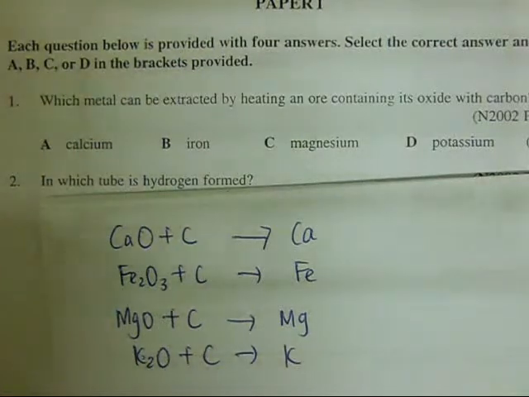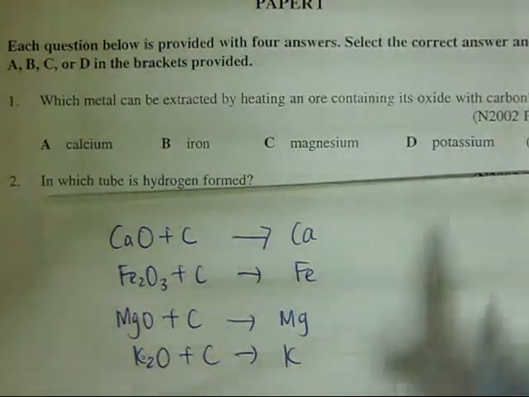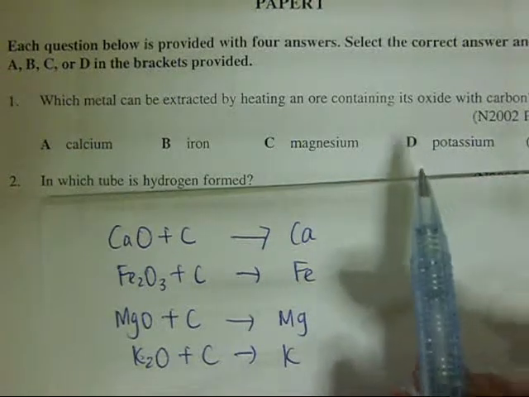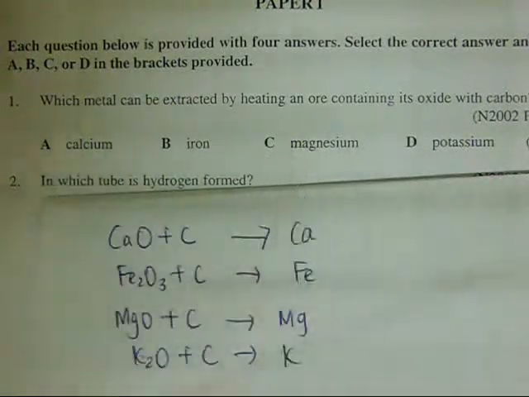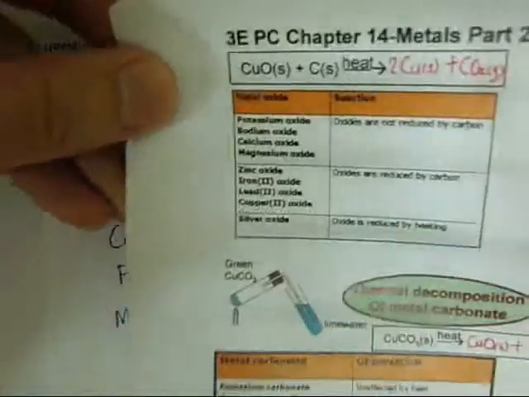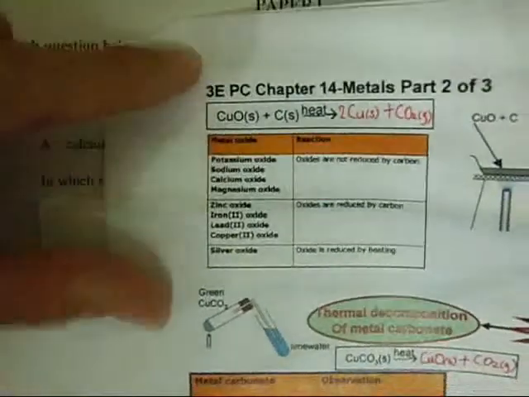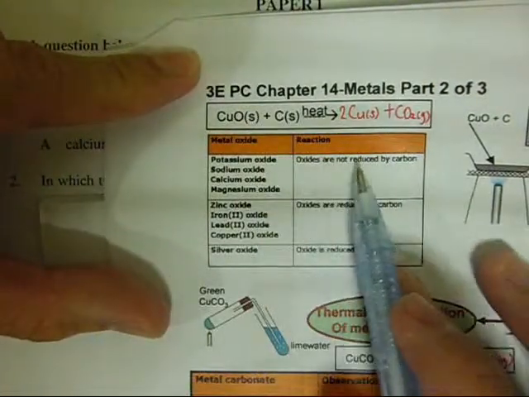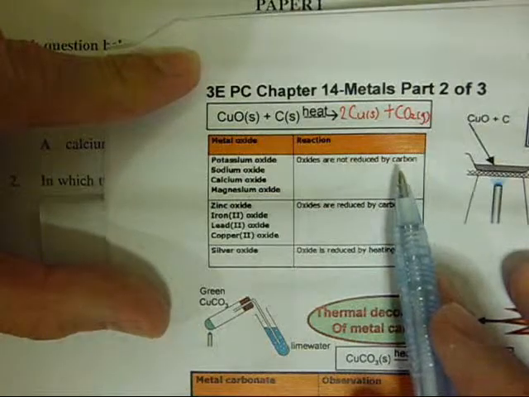Now, if you look at the reactivity series, potassium is the most reactive, followed by sodium and then calcium, magnesium. Now the top four metals, if you look at page 2 of the Mindmap, you can see that the top four metals' oxides are not reduced by carbon.